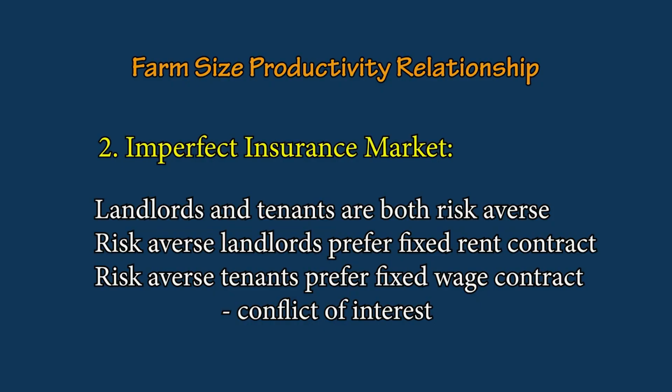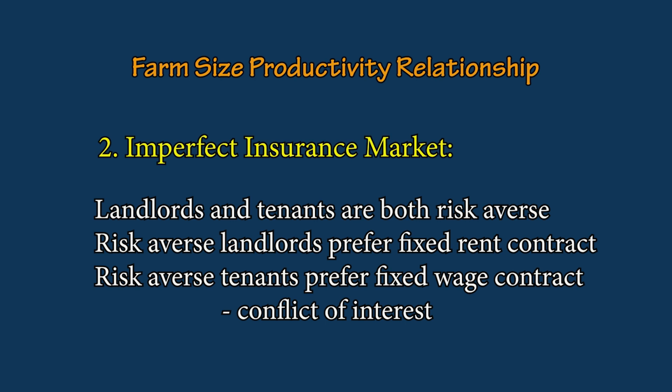However, technology is not the only factor which determines productivity. Productivity is also determined by the presence of imperfect insurance market in agriculture. Now, as we all know, landlords and tenants are both risk averse.